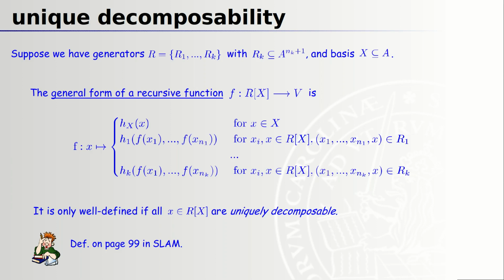Such is not the case for a string like A minus B plus C minus D, which can be built in more than one way using the generators, and that is exactly what makes it unsuitable for structural recursion over it.